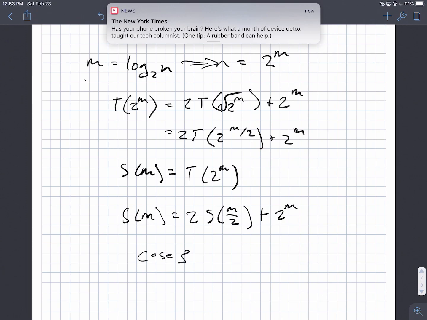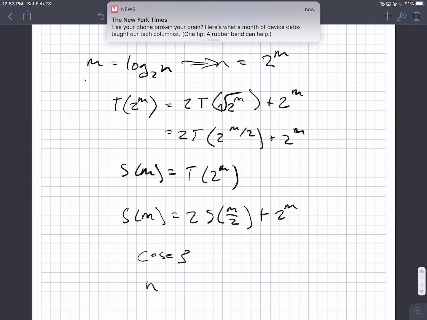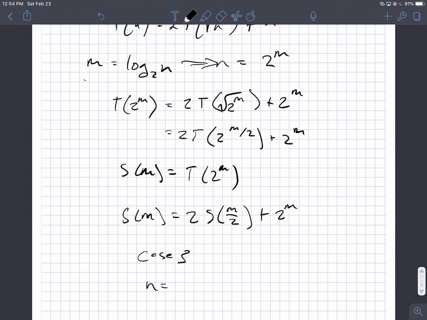I'm pretty confident you'll be in case 3 here, because from Max's clever trick in the master method, f of m equals 2 to the m, and m to the log base b of a gives you that. So this grows faster than that, so we're probably going to be in case 3.